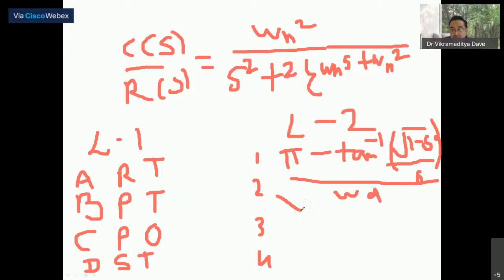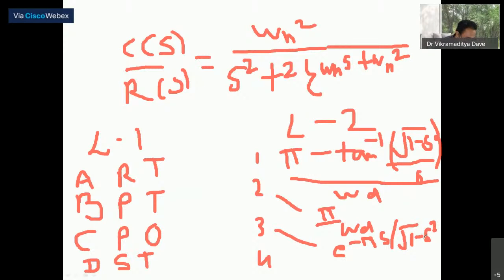The second formula I am writing here is pi upon omega d. The third formula is e raised to the power minus pi eta upon under root 1 minus eta square. And the fourth formula is 4 upon eta omega n.